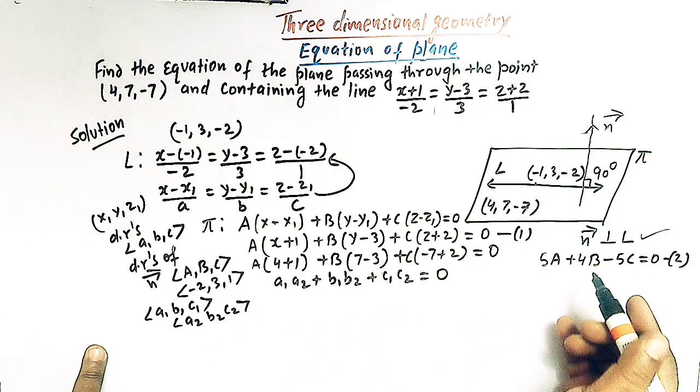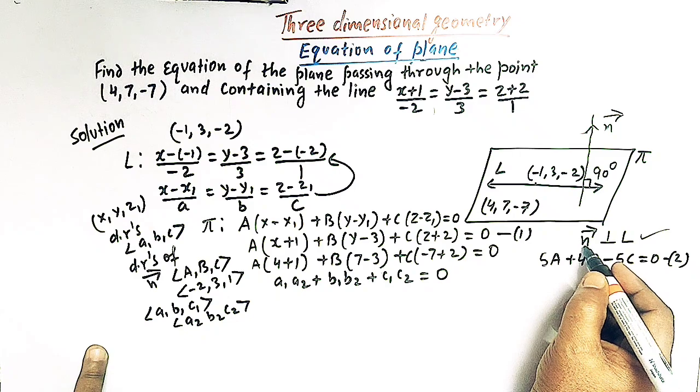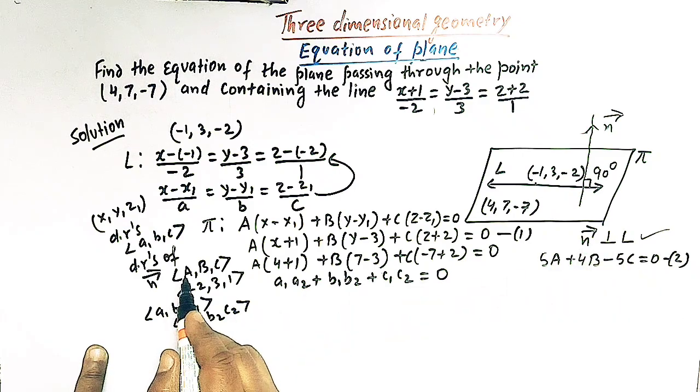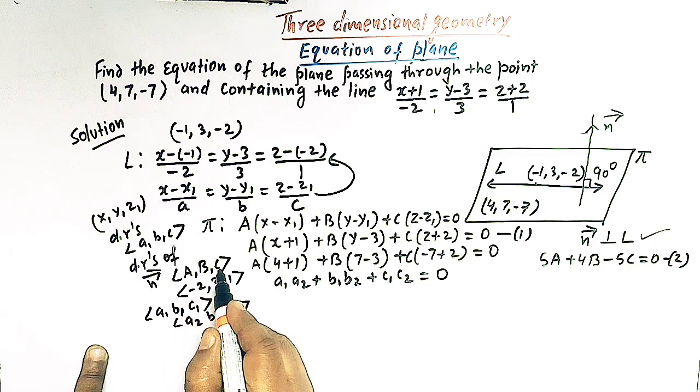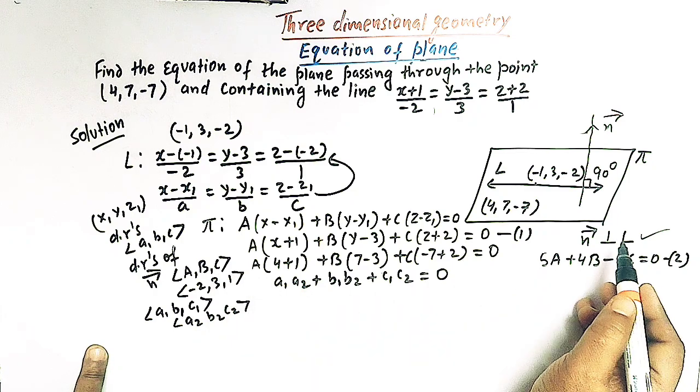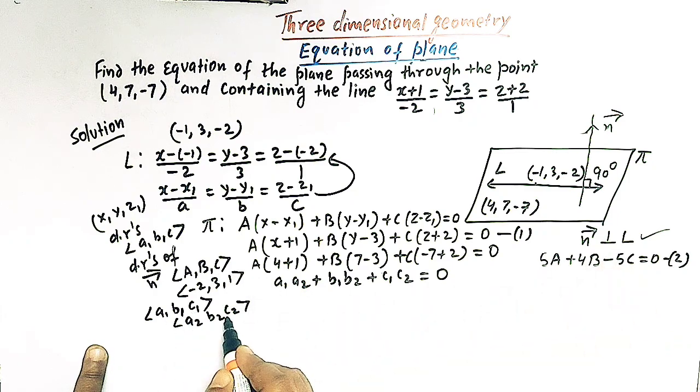and a2 b2 and c2 are the direction ratios of the second vector, right? So here this normal vector n has the direction ratios a, b, c. So a1 b1 c1 may be taken as capital A, capital B and capital C, and a2 b2 c2 may be taken as minus 2, 3 and 1.